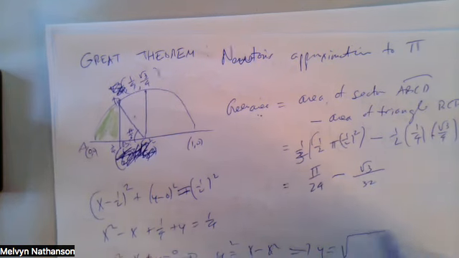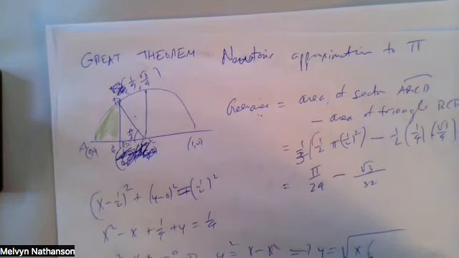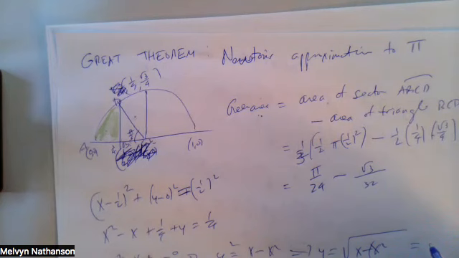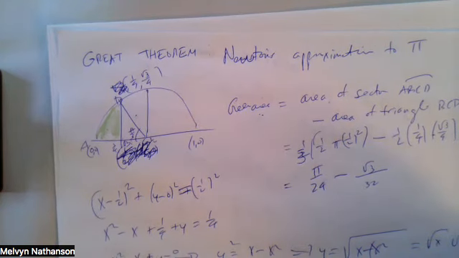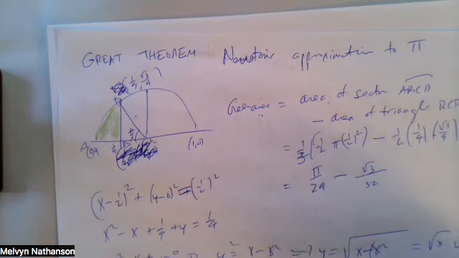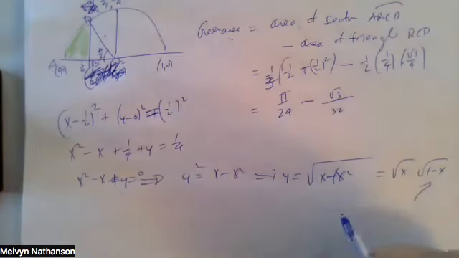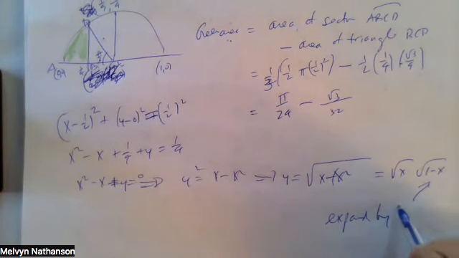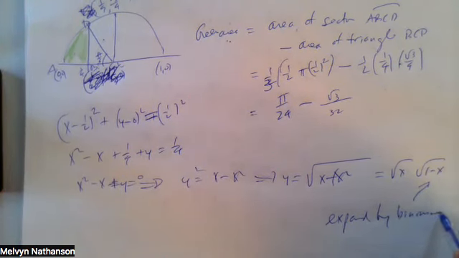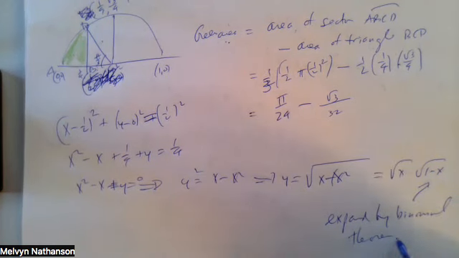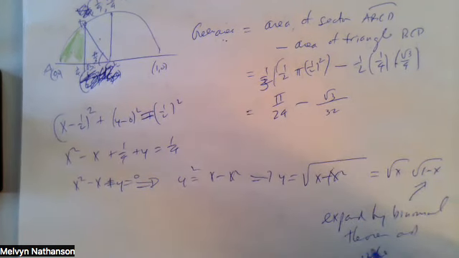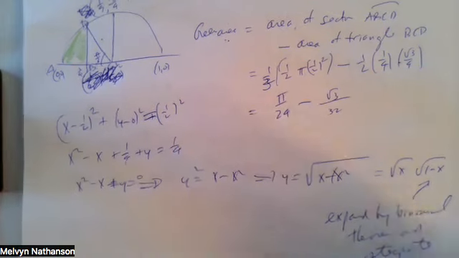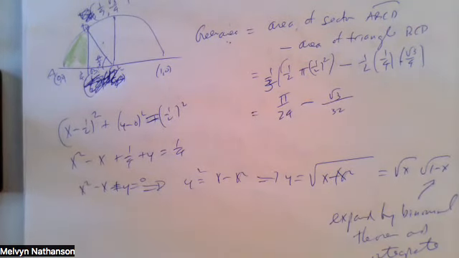So y is the square root of x minus x squared, which is the square root of x times the square root of 1 minus x. And we expand this by Newton's binomial theorem and integrate. That's what we do.